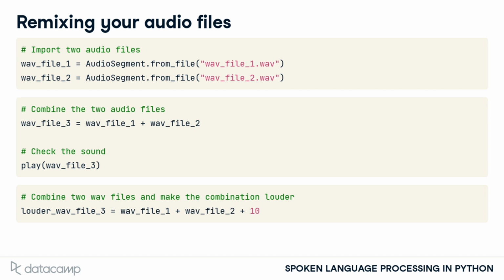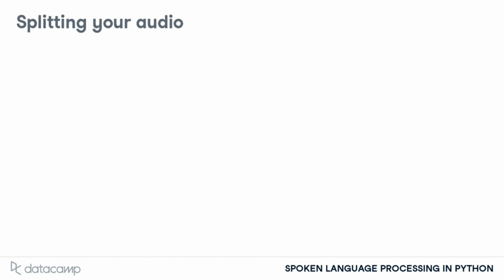So WAV file 1 plus WAV file 2 plus 10 will combine WAV file 1 and 2 and increase the combination by 10 decibels. If your audio files have different characteristics, combining them like this automatically scales parameters such as frame rate to be equal to the higher quality audio file.